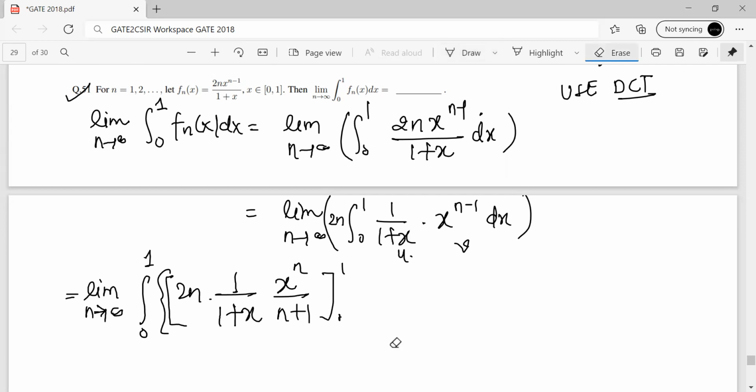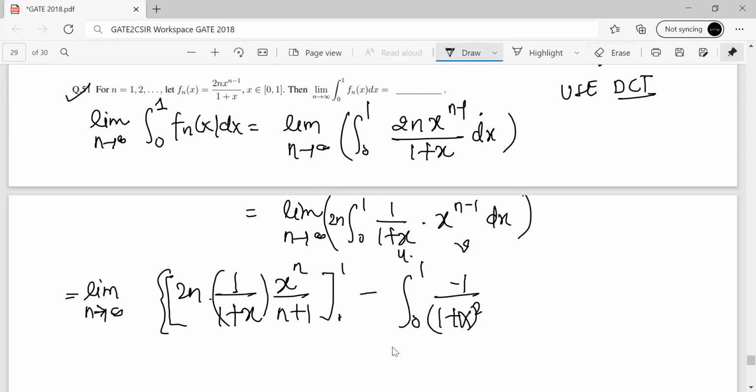Now this integral will be lost because I have applied integration, and then minus of this integral 0 to 1 will remain here, and here I'll be getting the derivative of u. That will give me minus 1 over 1 plus x square. I hope you know how to apply integration by parts. So minus 1 here, and then the integration of x power n over n, and then dx. Still I have here 2n. Watch it.